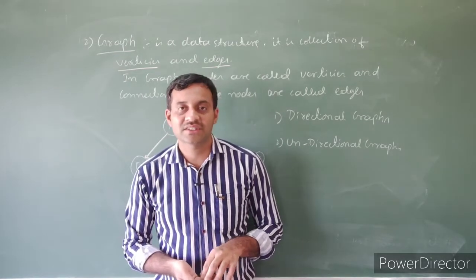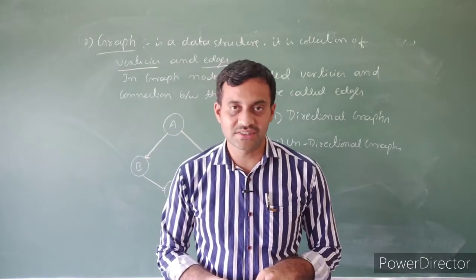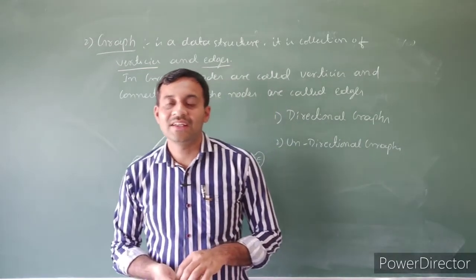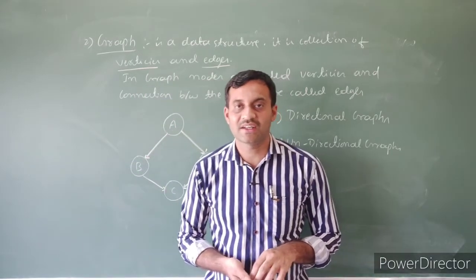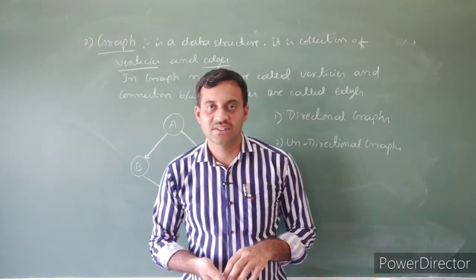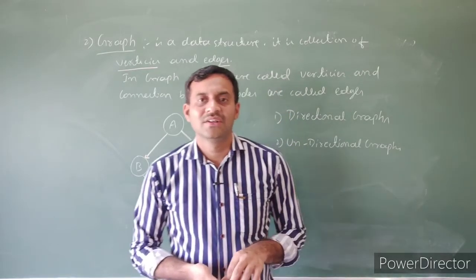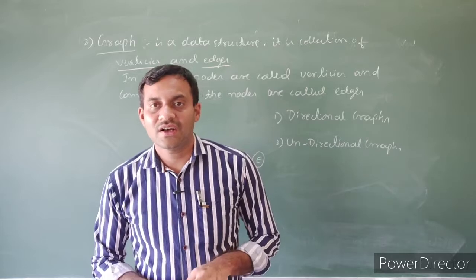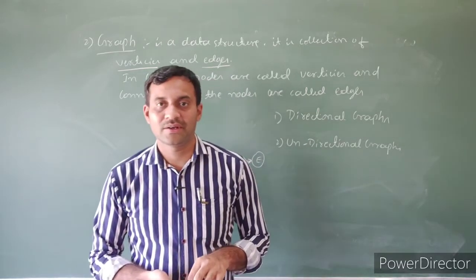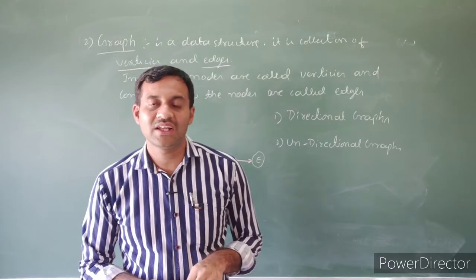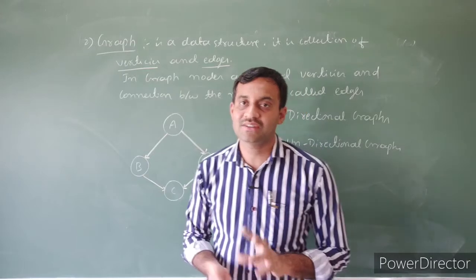Primitive data structures mainly deal with machine level instructions. Examples: integer, character, float, pointer, reference, etc. are the primitive data structures. Non-primitive data structures mainly concentrate on grouping of items in homogeneous or heterogeneous form.